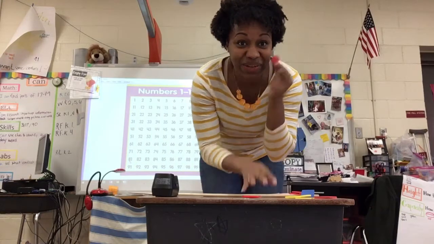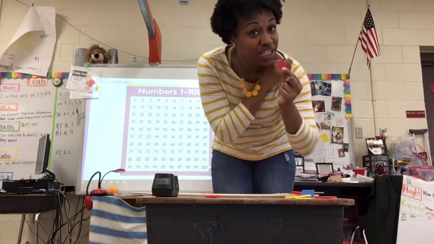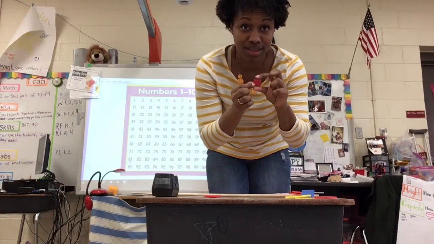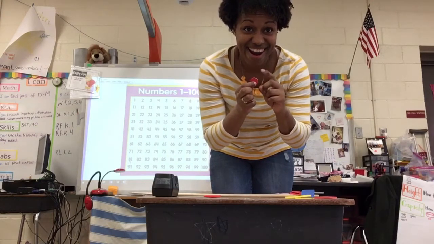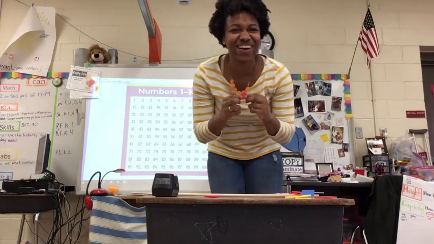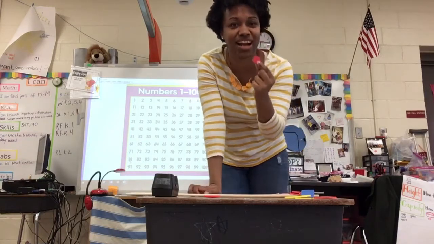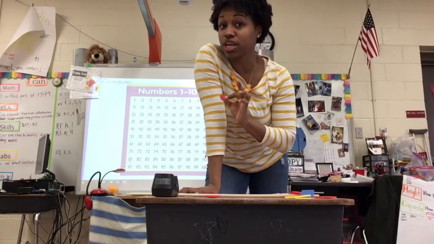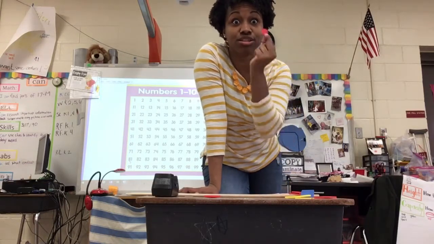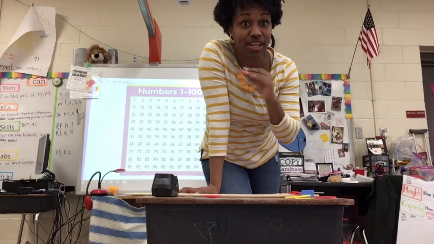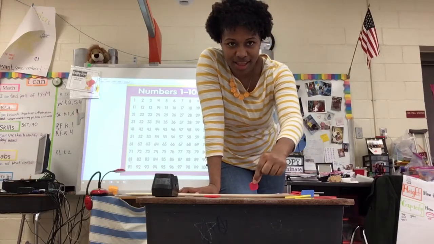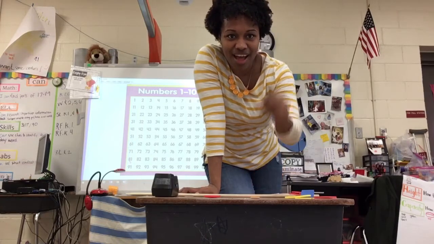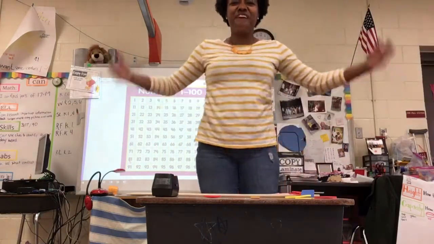Ta-da! We know what this is, right? This is a counter. Some of us might know what this shape is. Yes, a circle. It's a circle counter. We want to figure out if this shape is 2D or is it 3D. So we're going to do a test. Ready? Let's try. Oh no!